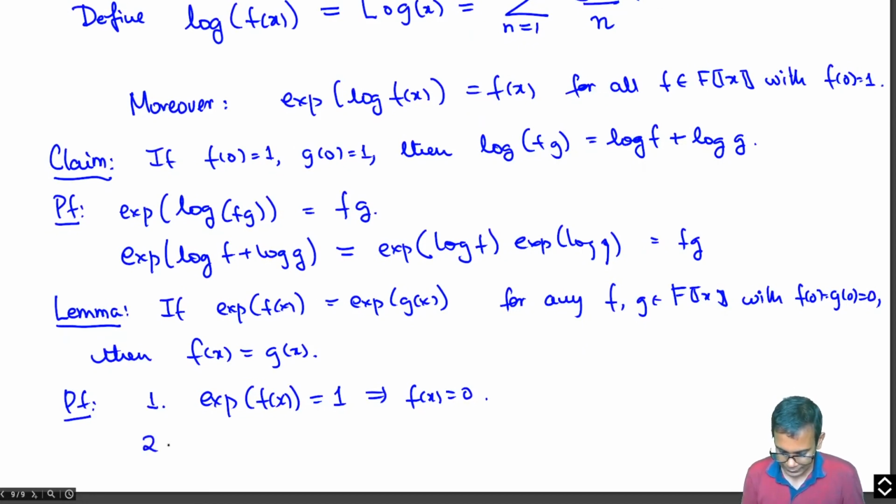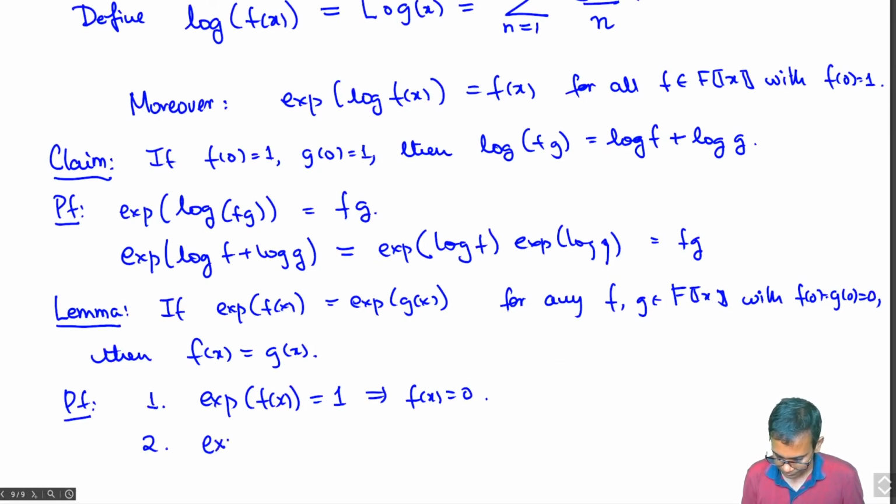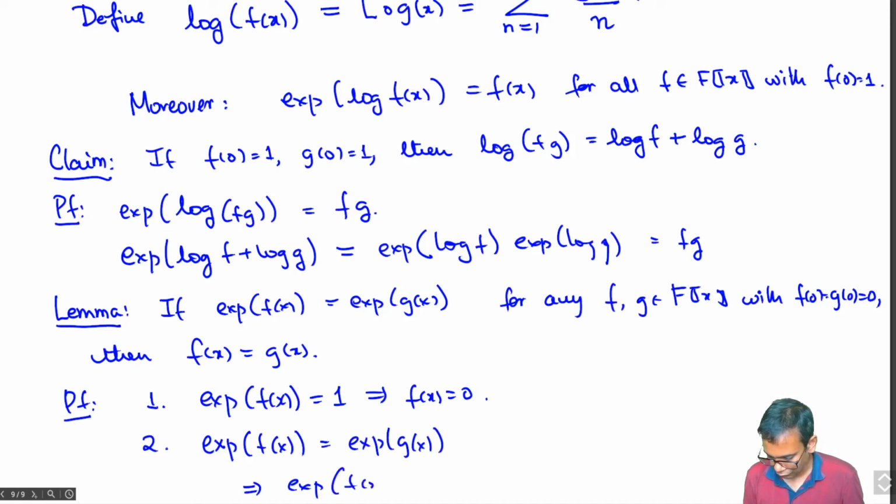And then the second step you show is that therefore if exp f of x equals exp g of x, then what you get is exp f of x minus g of x is equal to 1.